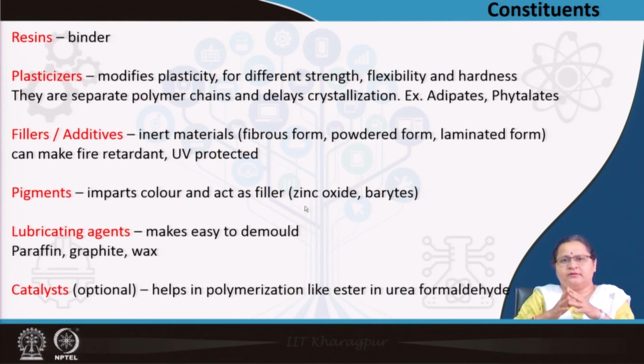Resin, which is the binder part, is hard. Plasticizers modify the plasticity for gaining different strength, flexibility and hardness, and they are separate polymer chains which push the resin chains apart and delay the crystallization process.